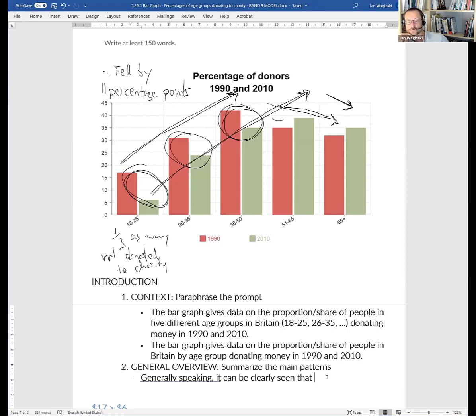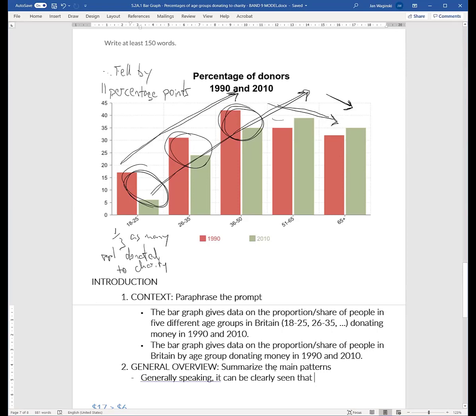It's even conceivable that in 2010 this age group donated more money in total than in 1990. If these people on average gave $5 in 1990, but in 2010 this smaller number of people each gave $20 on average, the total amount could be higher. We have no idea.